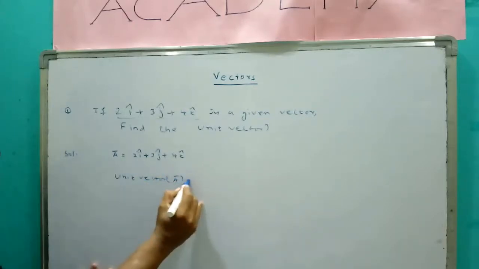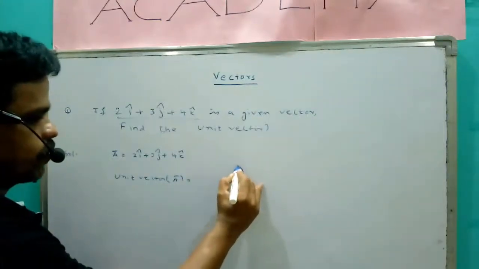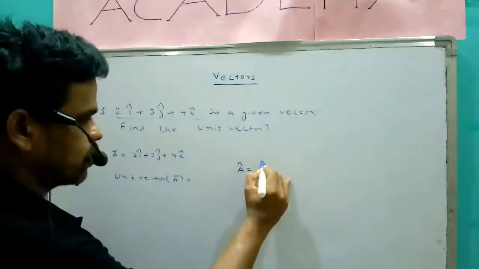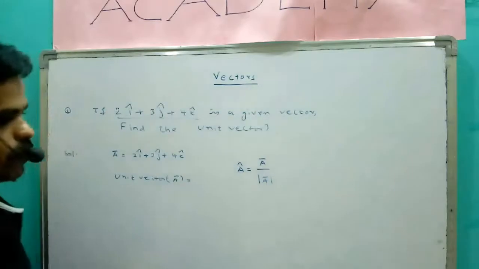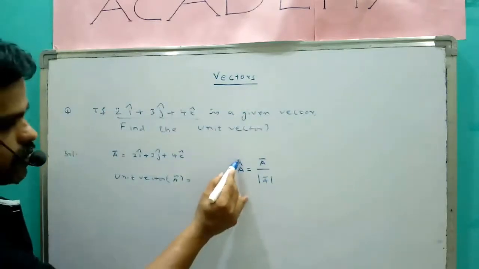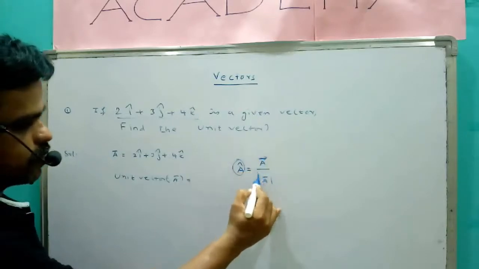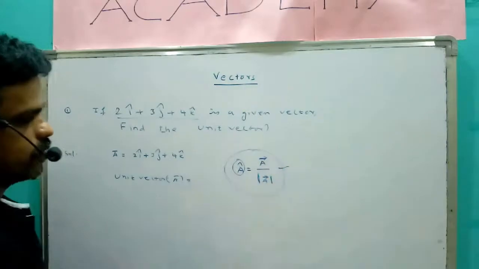Already we know the unit vector is equal to vector A by modulus of vector A. A cap is nothing but the unit vector. The formula is vector A by modulus of vector A. Remember this one, very very important.